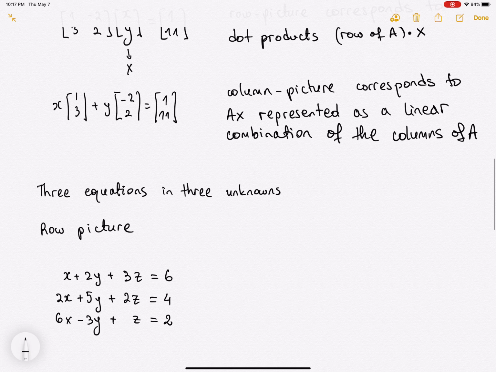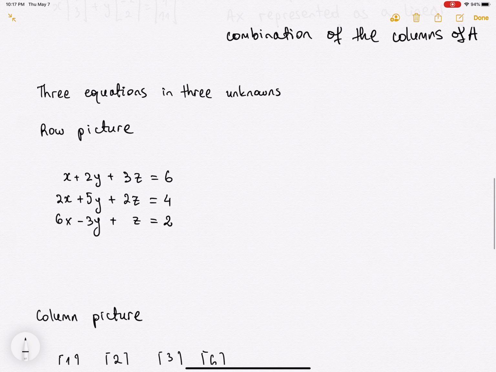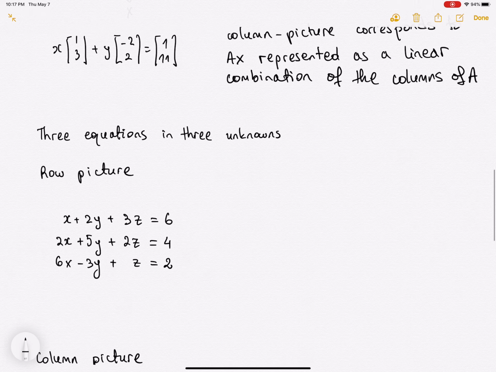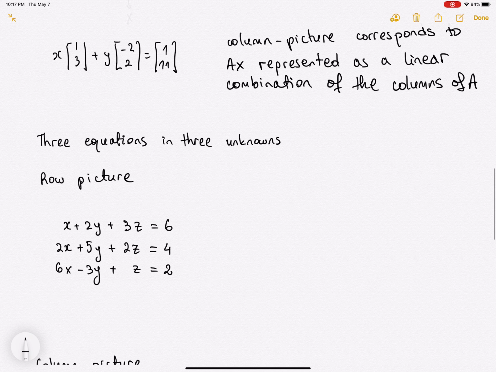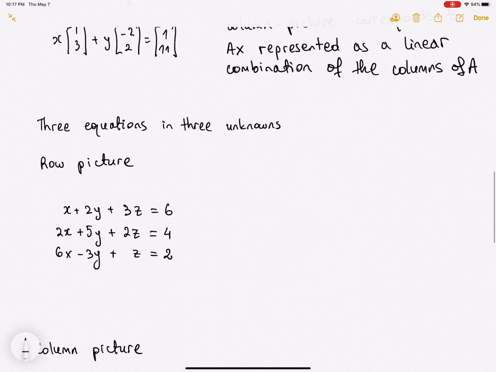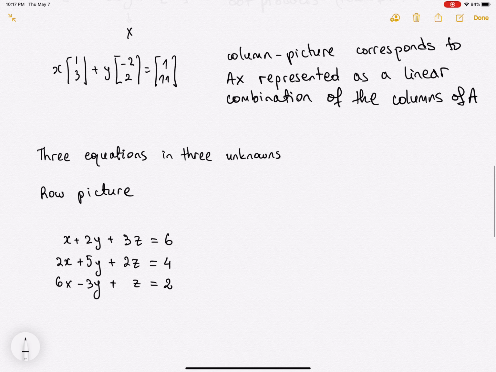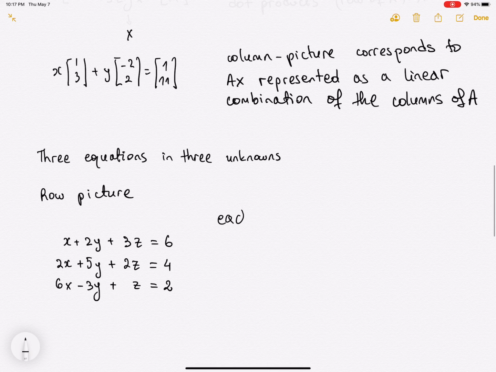Now, when we have higher dimensions, if we go to 3 equations and 3 unknowns, the row picture is given by the 3 equations where we have x, y, and z. What does each of these equations represent? In 3-space, each equation represents a plane.